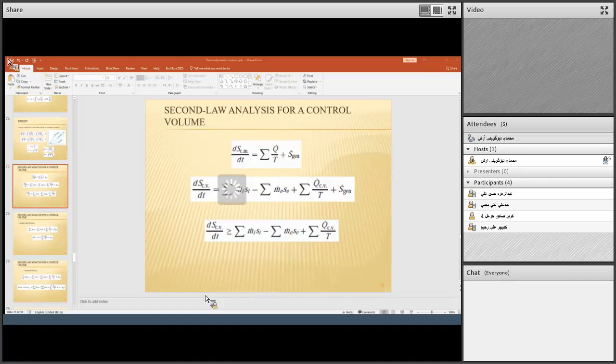Entropy generation is a parameter that we can't compute directly. So if we remove this term, the rate of entropy change inside the control volume is more than the sum of mass flow rate times entropy of inlets minus mass flow rate times entropy of outlets plus rate of heat transfer divided by temperature.